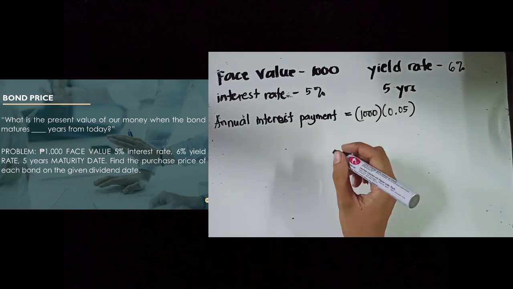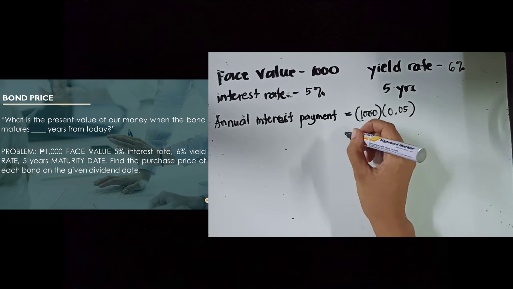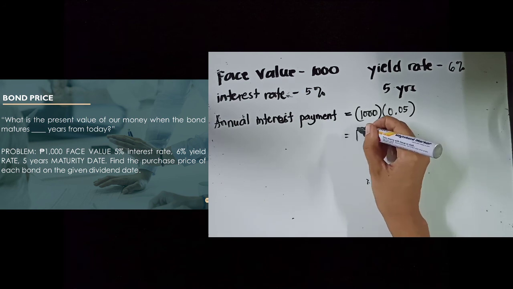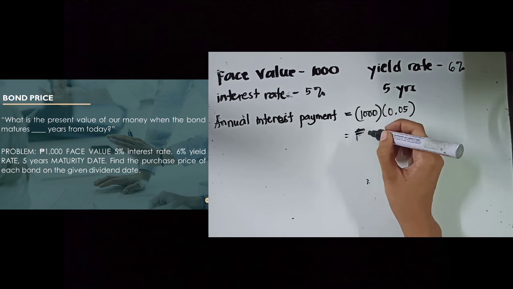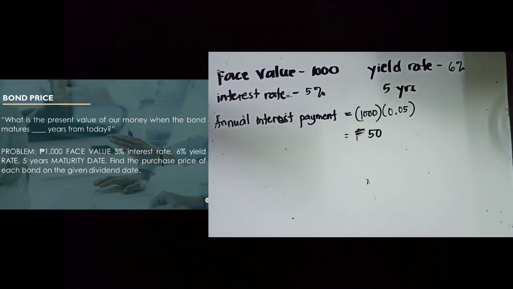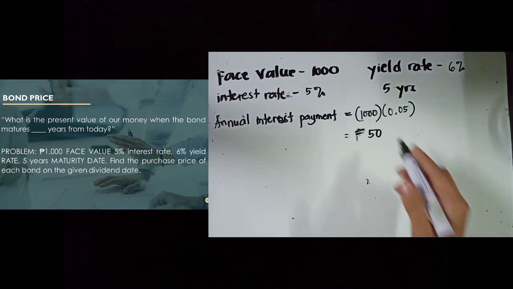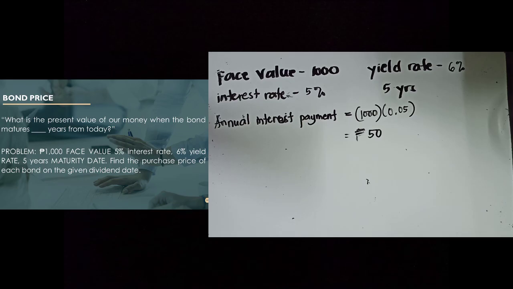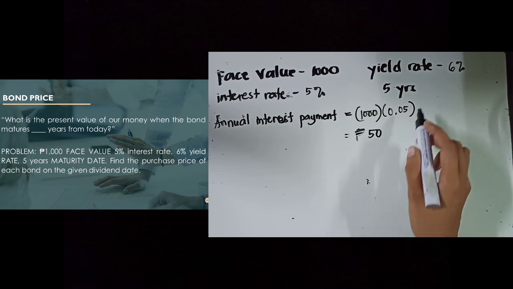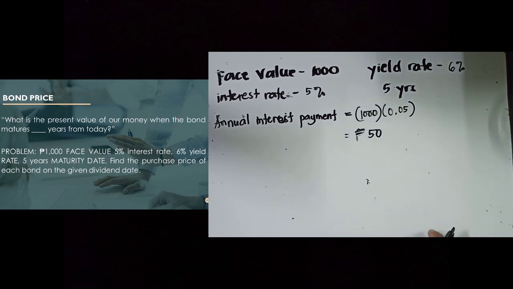Okay? So, ibig sabihin, ang ating annual interest payment is 50 pesos. So, kung ang bond mo ay nagkakahalaga ng 1,000 pesos with an annual interest rate of 5%, annually, makakatanggap ka ng 50 pesos for 5 years.